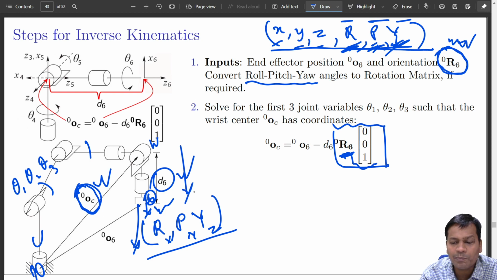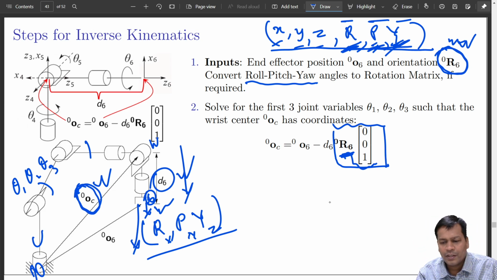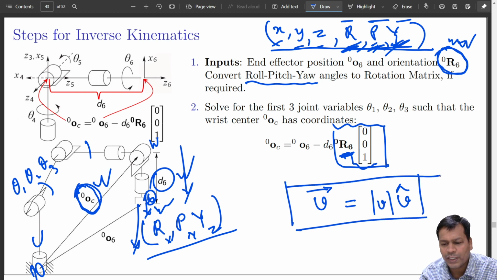Now I have to get the magnitude. A vector multiplied with its magnitude gives me the actual vector in that direction. Any vector v is basically the unit vector along that direction times the magnitude of that vector. Is it correct? So that is what I have done.